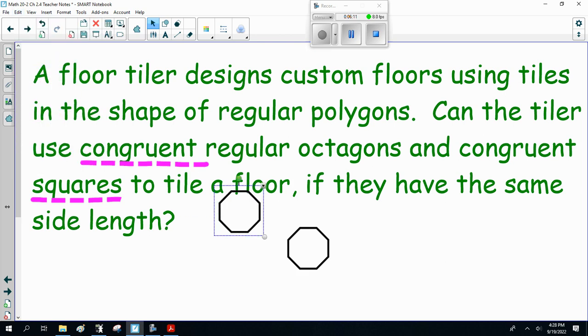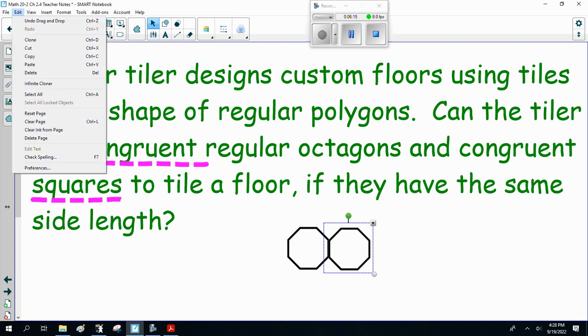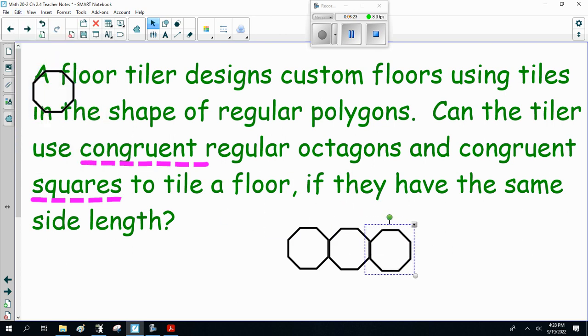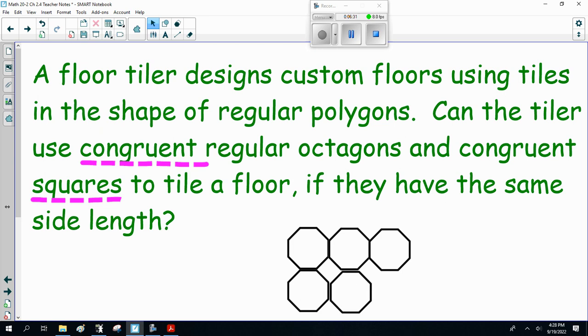So I go like this. Edit. Paste. Edit. Paste. Edit. Paste. So I go like this. Yes, I can. I have the nice little square there.